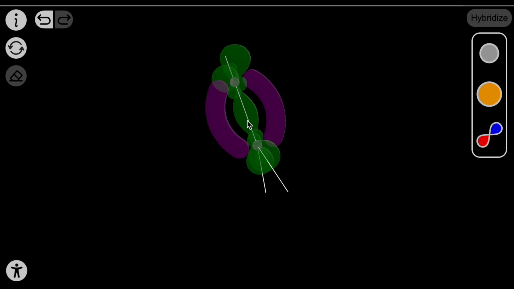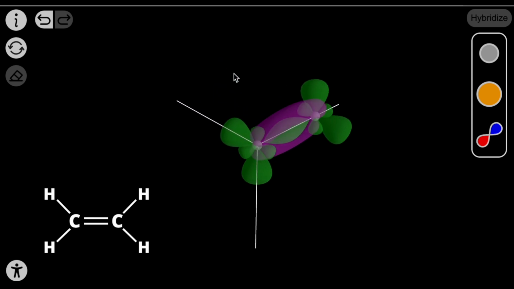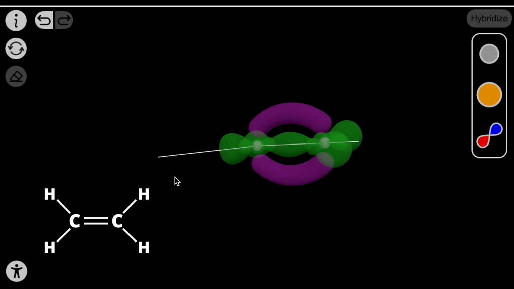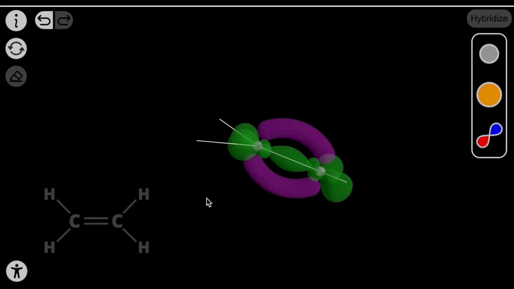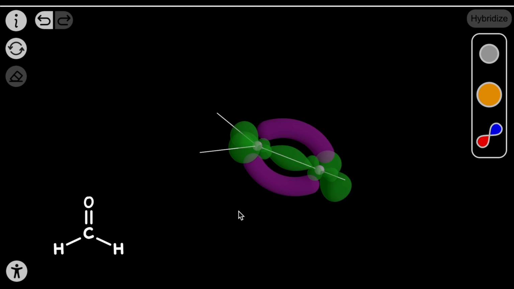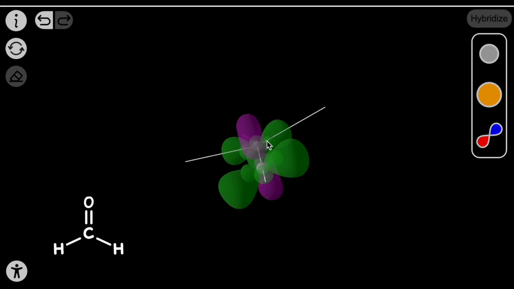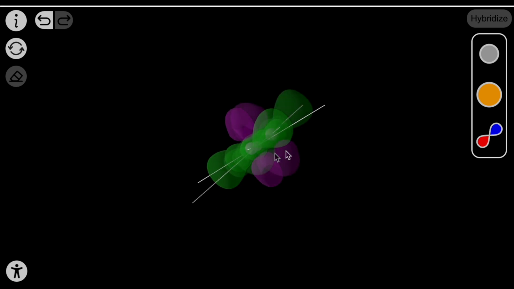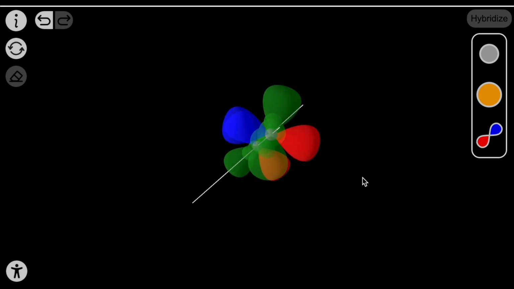The pi bond will not stay when I try to rotate it. That's why we'll say that things that are double bonded cannot rotate. Now you can even turn it, look down in this direction. When you rotate it, you'll notice that that bond has been broken.